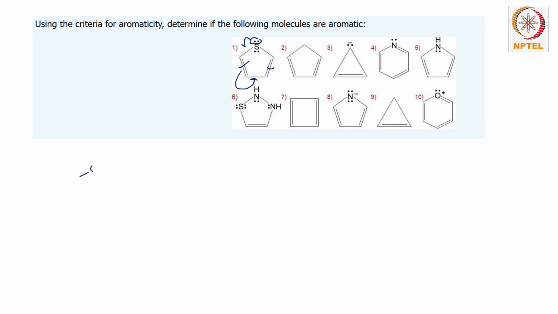If we draw each of the resonating structures, it will be like this. As sulfur is giving its lone pair, it will be positively charged. Then it will go here.